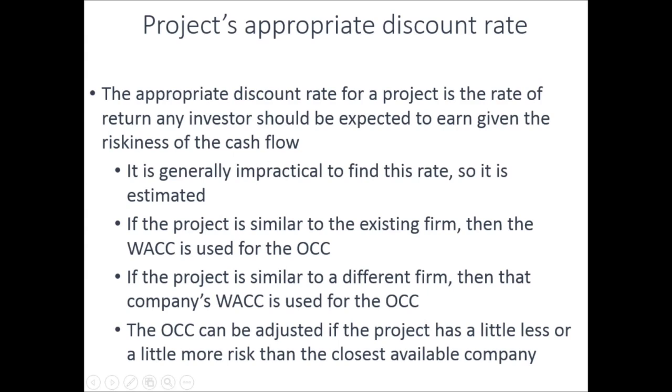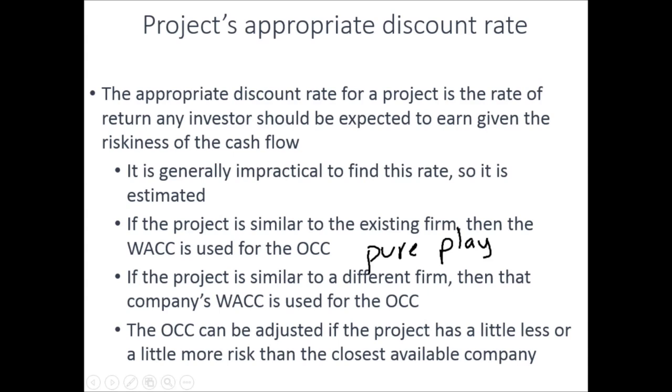If a project is similar to a different firm, then that company's WACC can be used for the opportunity cost of capital. Sometimes those companies are called pure plays, because they play only in that sandbox. They play purely in that sandbox, then they're a pure play. And so if you are a car company and you're looking at a tire project, then you might want to pick a tire company to use for its WACC for your opportunity cost of capital, since your own isn't going to be representing the risk of the project.